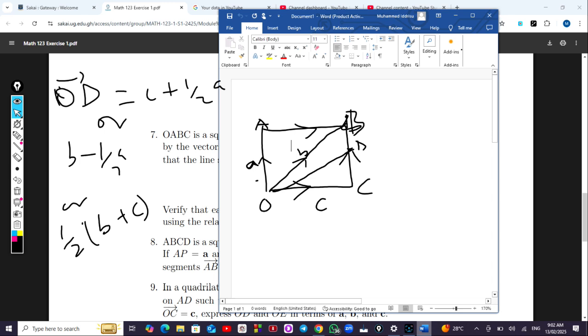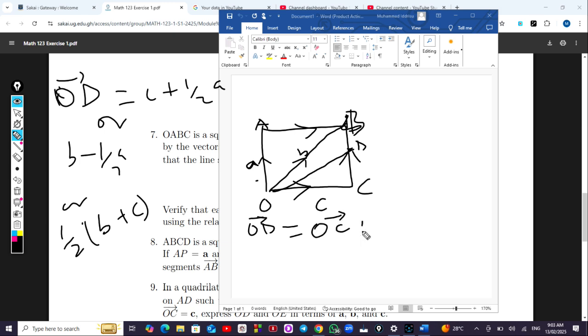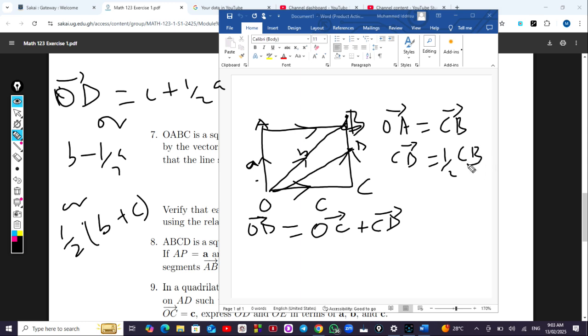From this diagram, using the triangle law of vectors, OD is equal to OC plus CD. We note that vector OA is equal to vector CB, and CD is equal to half the vector CB.